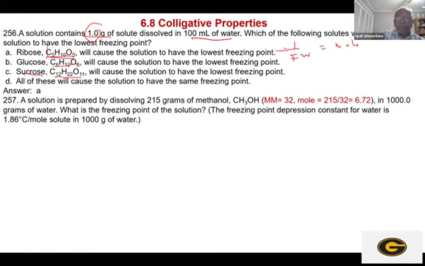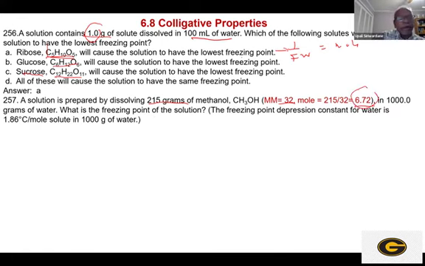The solution is prepared by dissolving a solute. Molarity and molar mass are given. So the number of moles is 6.72. What is the freezing point depression? Number of moles is this.